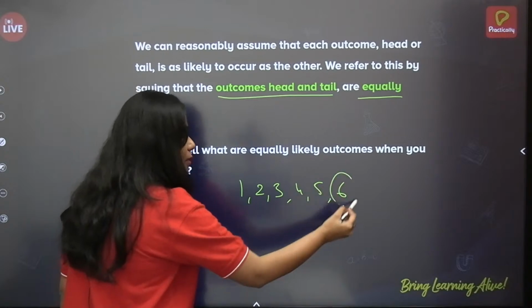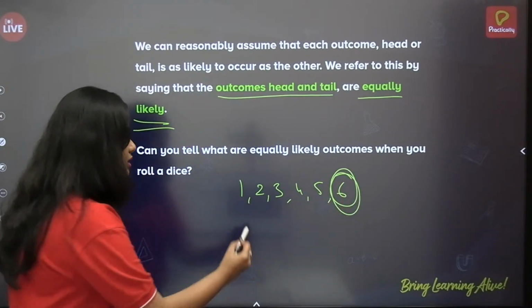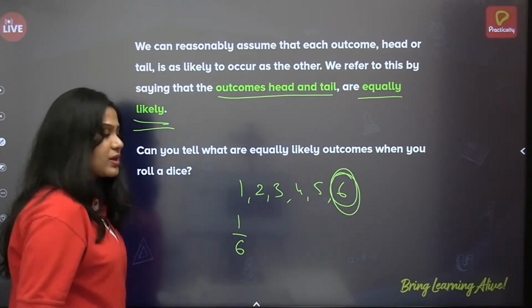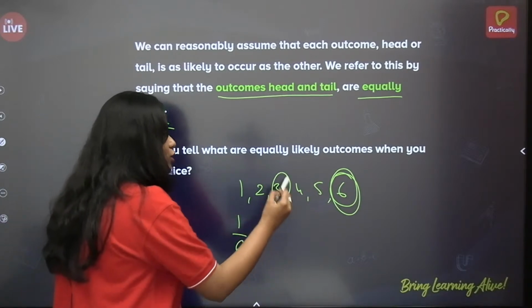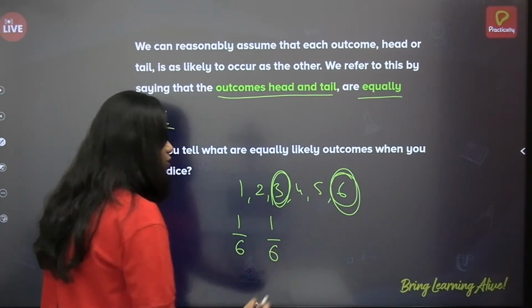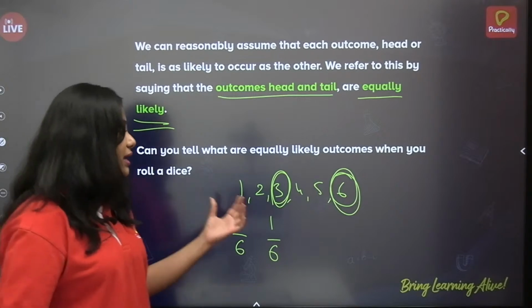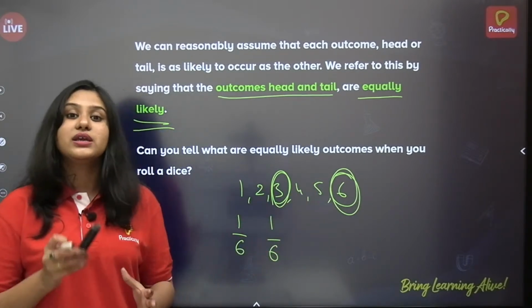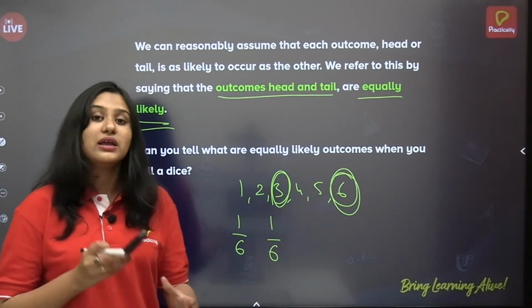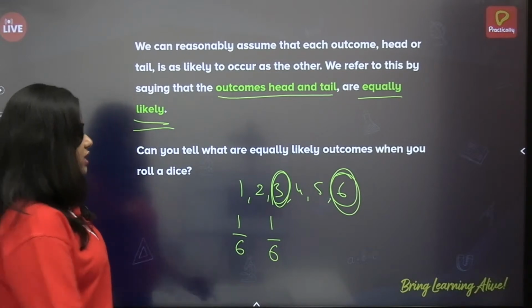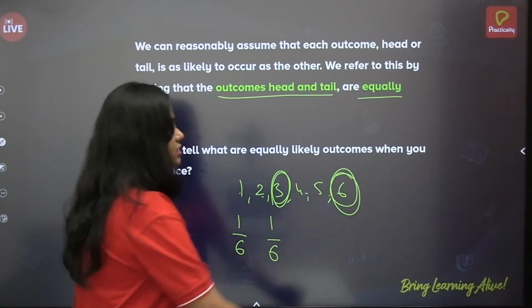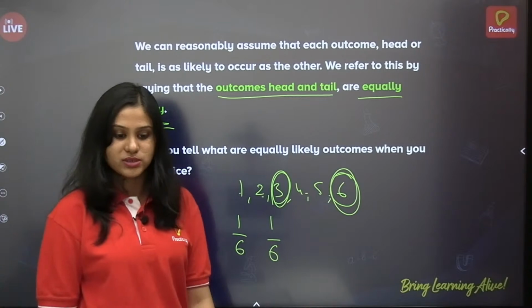So what is the probability that I'll be landing on 6? 1 by 6 only. And what is the probability that I'll be landing on 3? Again 1 by 6 only. So for every number on the dice, it is equally likely. So we say that 1, 2, 3, 4, 5, 6 are equally likely outcomes.